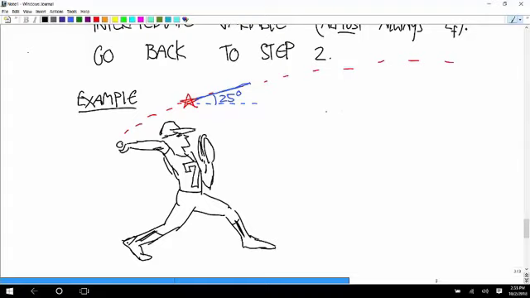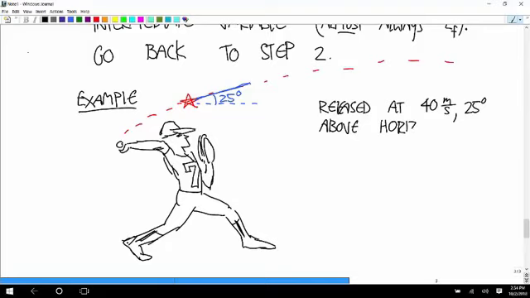It's released at 40 meters per second, 25 degrees above horizontal. And we want to know how far will the ball travel horizontally before it hits the ground. So basically, how far does he throw it before it hits the ground?